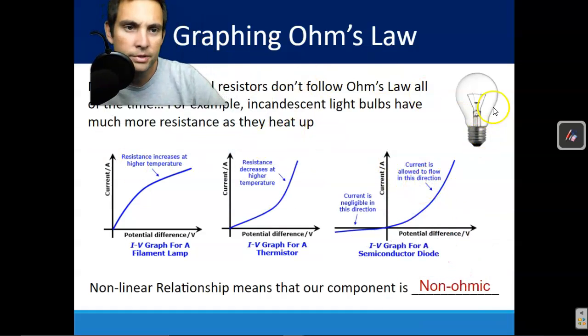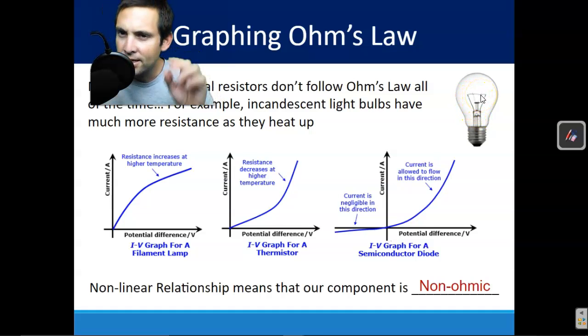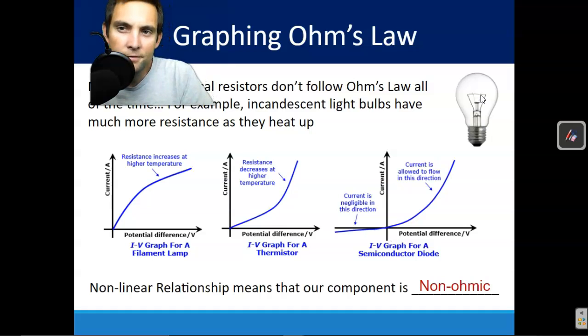A word about light bulbs here. The way light bulbs work is you have current coming in, probably through the side, touching this metal conductor, and then the current comes up here and reaches this little springy looking thing, the filament. That filament is made of tungsten because tungsten is super resistive.